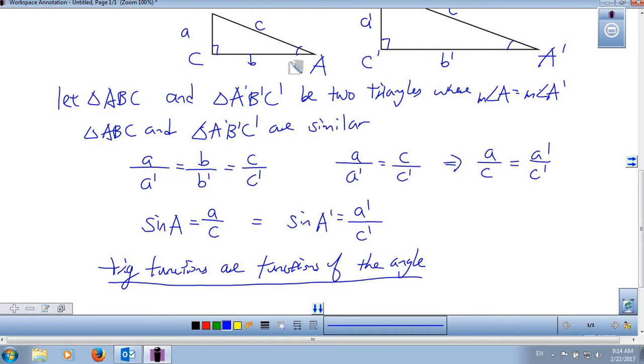I know we start with the triangle. We associate each of the sine, cosine, tangent functions with the right triangle. But they are not limited to that, because the triangles eventually are just a tool to help us get those ratios. But trig functions are functions of the angle. They are independent of the particular triangles.